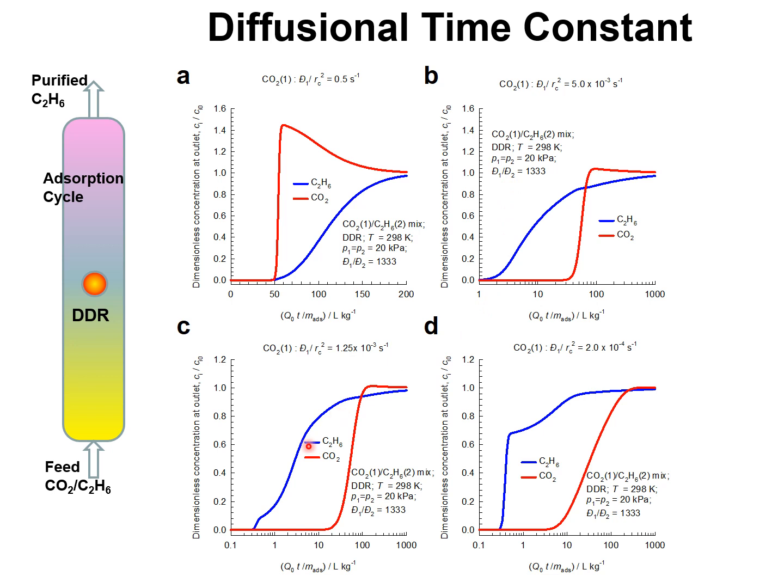These 4 simulations are for increasing sizes of the crystallites, increasing from A to B to C to D. With increasing crystallite size, the diffusional time constants, defined as the ratio of the Maxwell-Stefan diffusivity for component 1, that is carbon dioxide, to the square of the crystallite radius, is here 0.5 per second in case A. Here in case B, 5 times 10 minus 3, 1.25 times 10 minus 3, 2 times 10 minus 4.